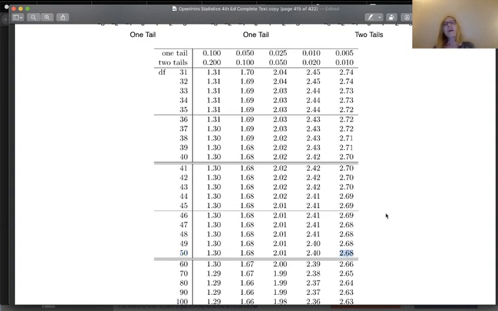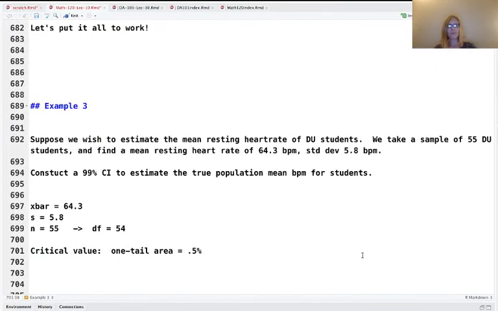There's 0.5%, in other words 0.005 in each tail, and that gives me a critical value here of 2.68. Our t equals 2.68. And that's it. We've got all the information we need now, so let's plug and chug.